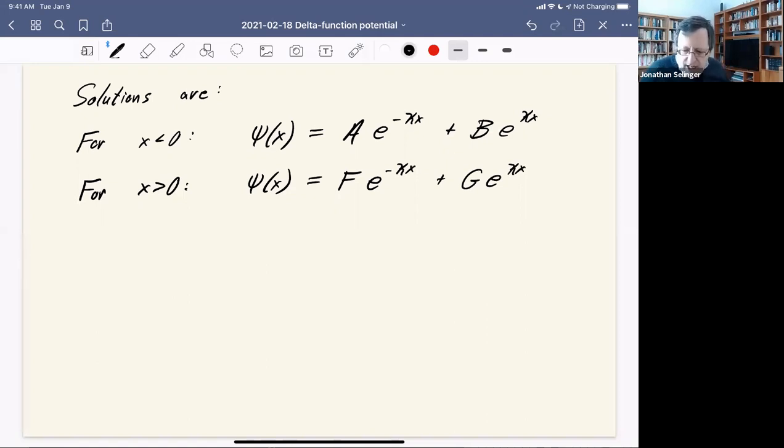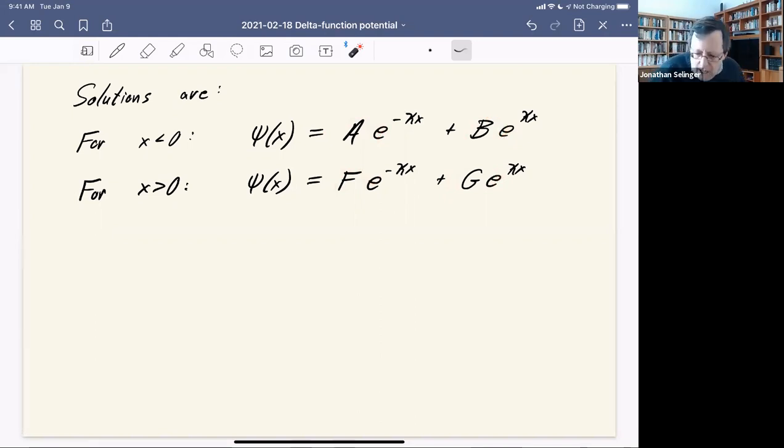Now, these general solutions, they have these four unknown coefficients, A, B, F, and G. Now, if we want to get information about these coefficients, we have to go to the boundary conditions, right?